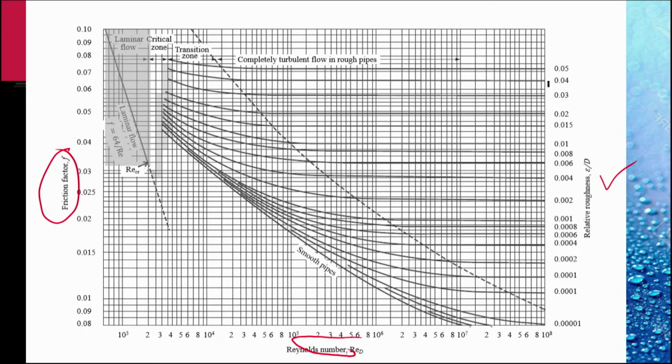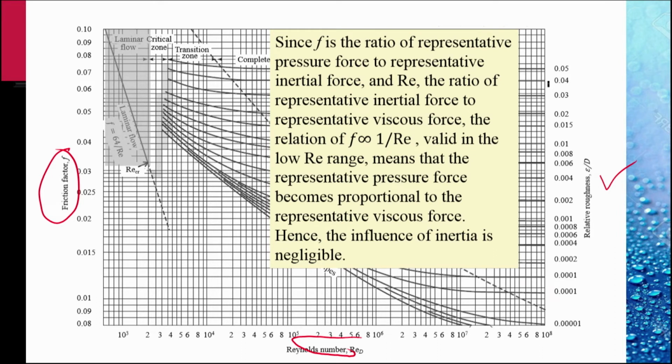This is true for all values of epsilon by D. Since F is a ratio of the representative pressure force to the representative inertial force, and Reynolds number the ratio of the representative inertial force to the representative viscous force, the relationship of F proportional to 1 over Re, as is denoted by this straight line sloping down, valid in the low Reynolds number range, means that the representative pressure force becomes proportional to the representative viscous forces, and hence the influence of inertia is negligible.